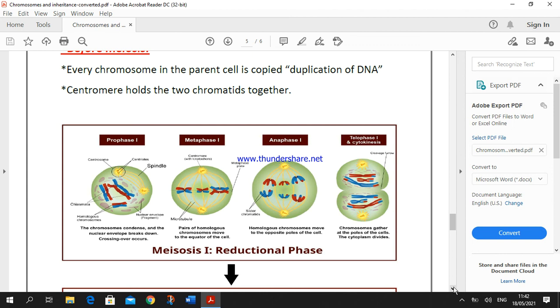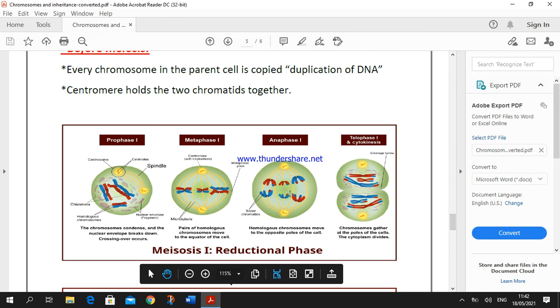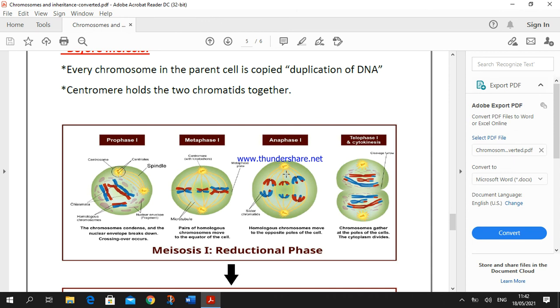Then the chromosome pairs line up in the center, at the middle of the cell, and the pairs in this figure separate and move to the opposite ends of the cell. After that, two cells form. Each cell has half the original number of chromosomes, and each chromosome is still made of two chromatids, because the separation occurred without splitting of the centromere.